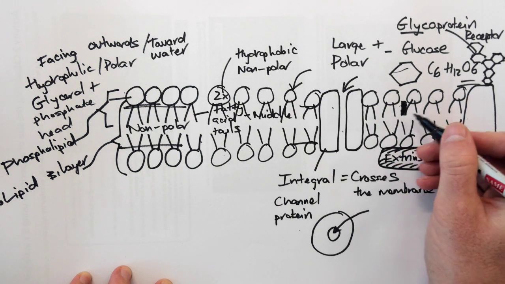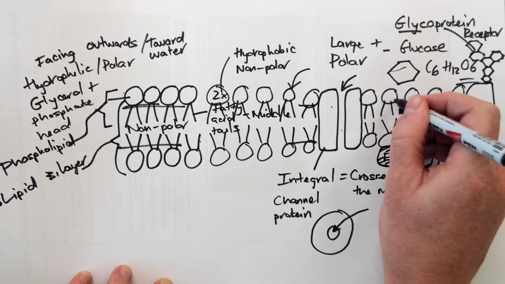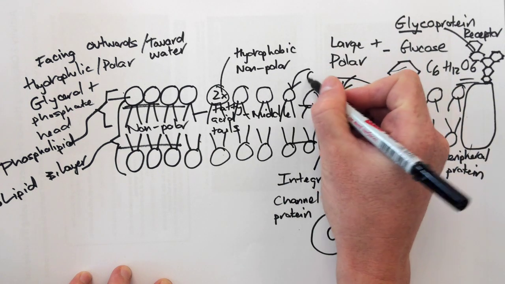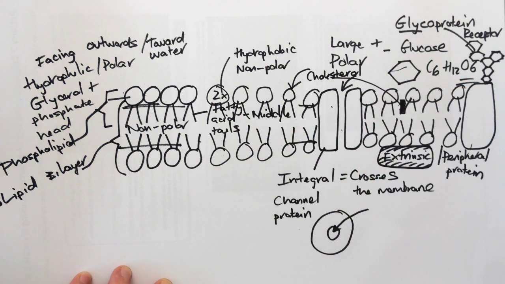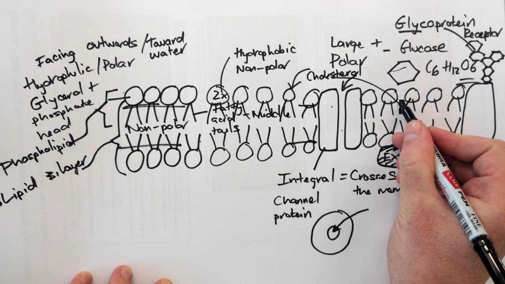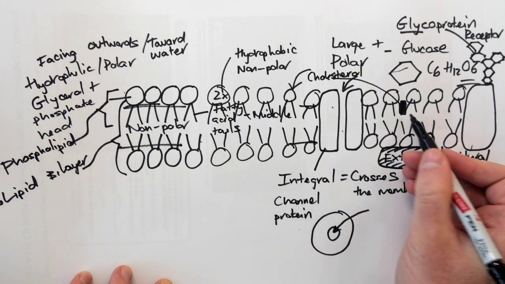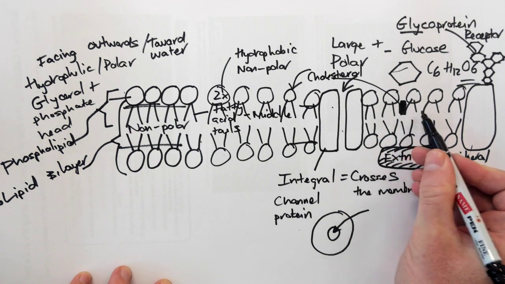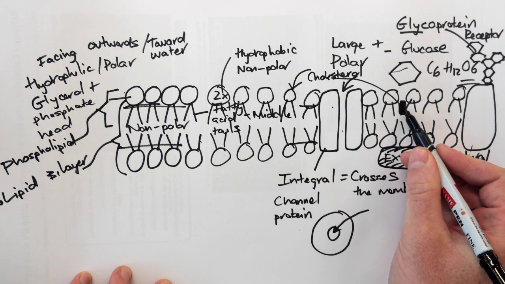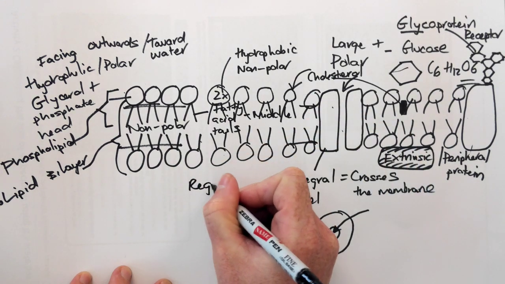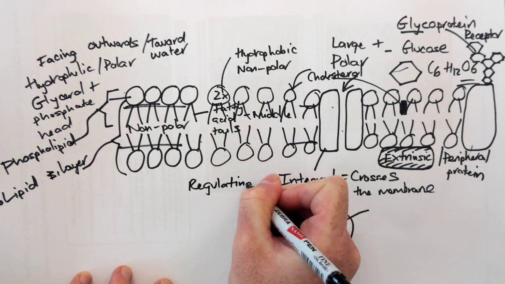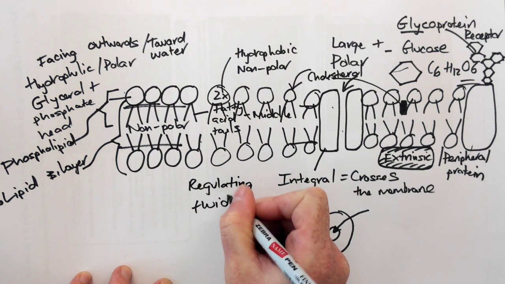And this final thing to label, I'll label it up here, is cholesterol. So cholesterol is something that sits amongst the tails, and it gets in the way of the tails moving, so it has a role in regulating fluidity.